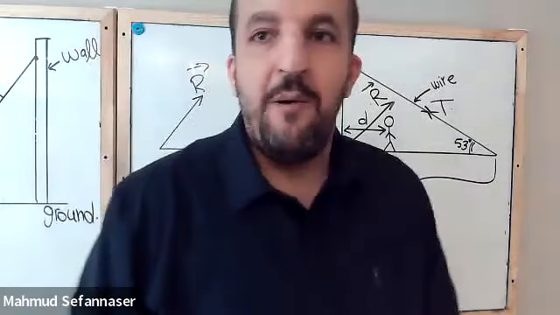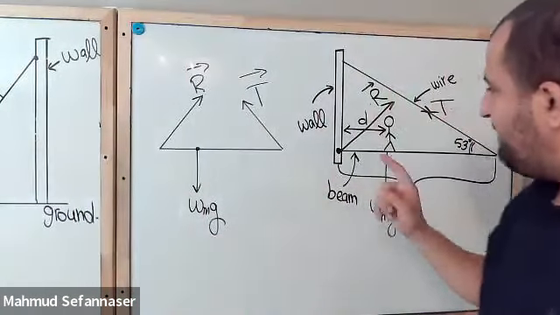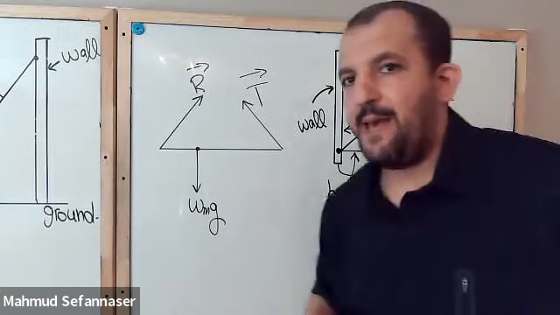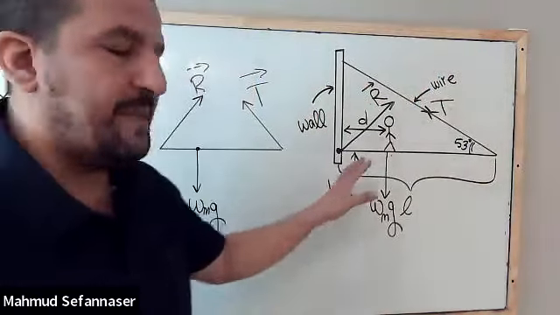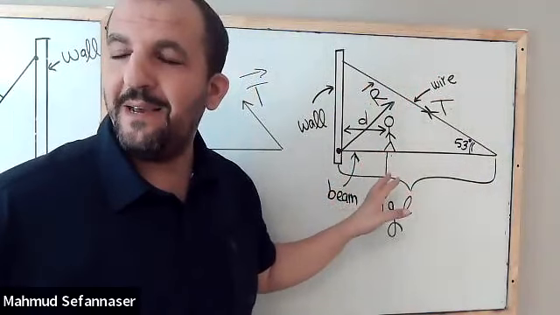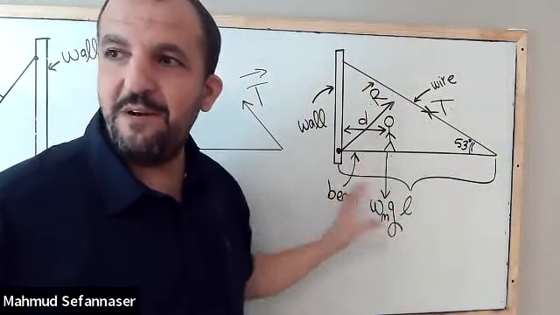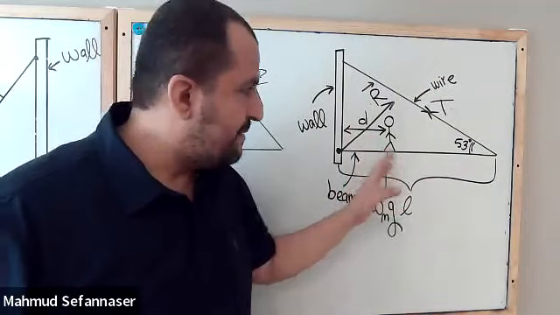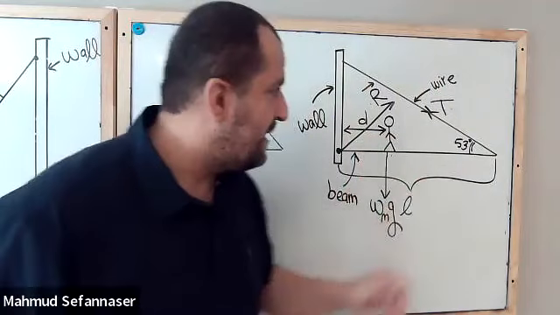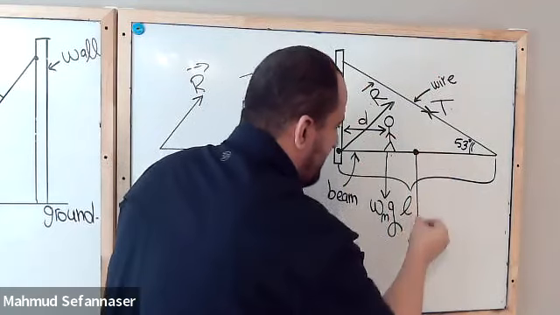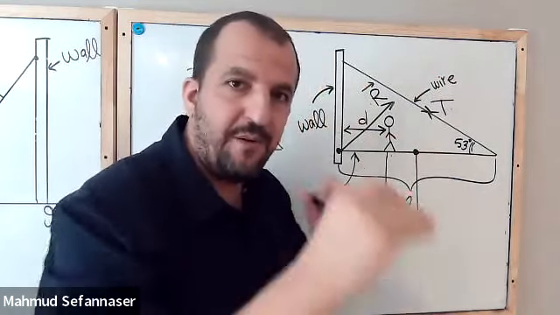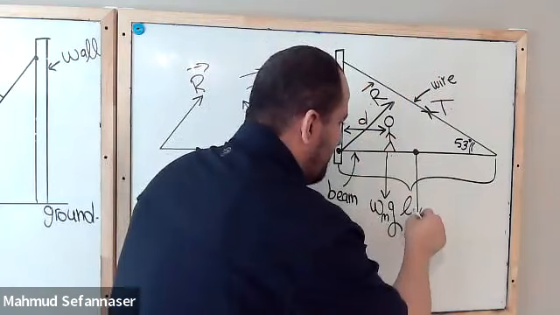Okay. But guys, I forgot a very, very important thing here to add. If you know what that is, you can tell me. If you don't know, I can answer you. I forgot a very important component here. So we forgot to include the weight of the beam itself.